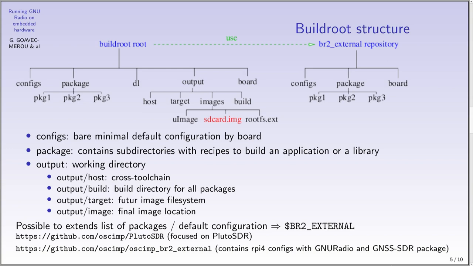The second one, OSKIMP BR2 external, is a more generic external with Raspberry Pi 3 and 4 configuration with GNURadio already set, and some new packages like GNSS SDR.